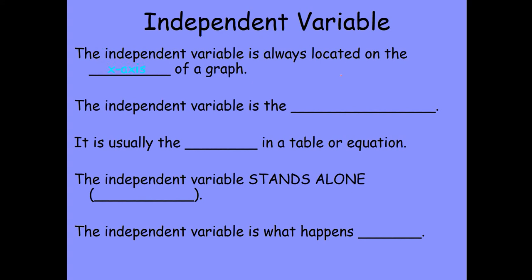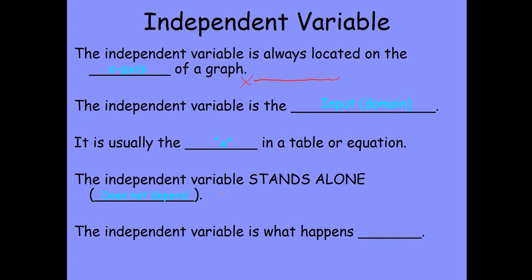It goes across. That's our x-axis. And the independent variable is the input. We'll learn this word domain a little later in the unit. It's usually the x. The independent stands alone, does not depend on anything, right?